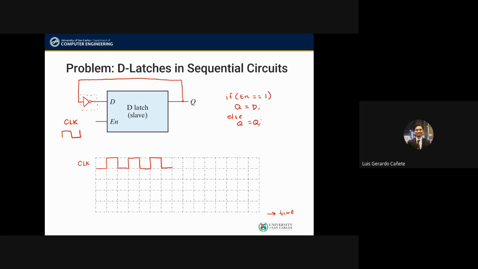Okay, so if this is our clock and we're using our clock as our enable, and we know how a D-latch functions, then we could naively say something like, okay, so this is going to be Q. Let me write down Q. So how can we calculate Q from this? Let's say that the initial value at time equal to 0, which is right here, is Q at time equal to 0 is equal to 0.